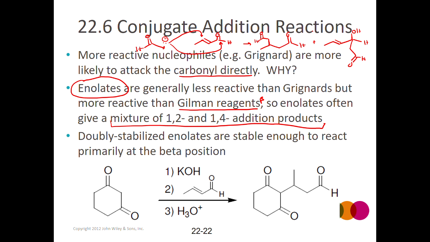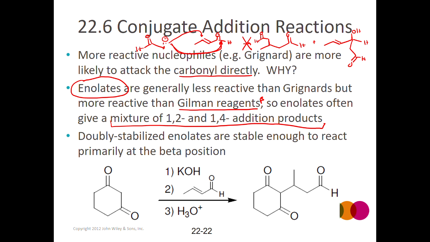And if we get a mixture of these two products, then it's a real pain because we have to use column chromatography or some other technique to try to separate them from one another and isolate the one we actually want. We're not going to get a high yield of it because we're also converting a lot of our reactants into the other product. So we want to avoid that as much as possible. As we were saying, if the nucleophile is too strong, we'll get a lot of it attacking the carbonyl directly.